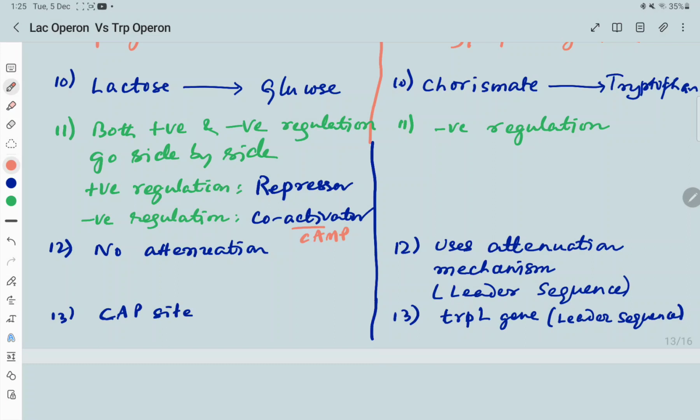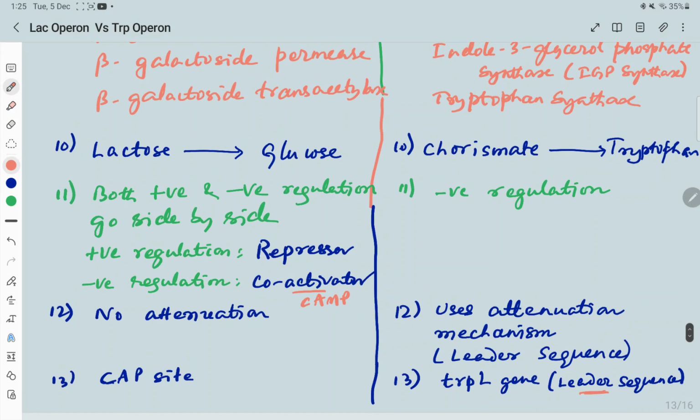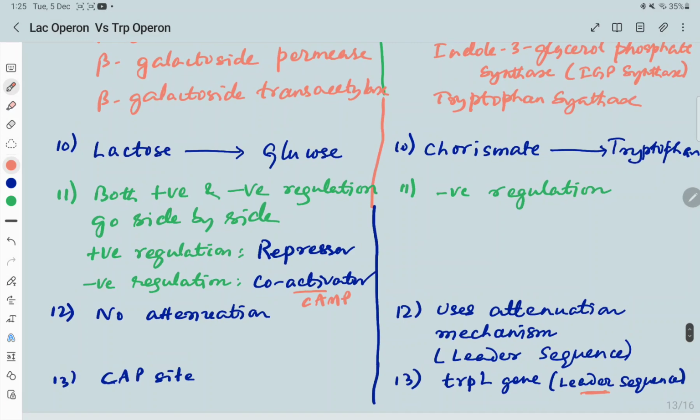And in TRP operon there is no CAP site, there is a leader sequence which facilitates the actions of the repressor protein.